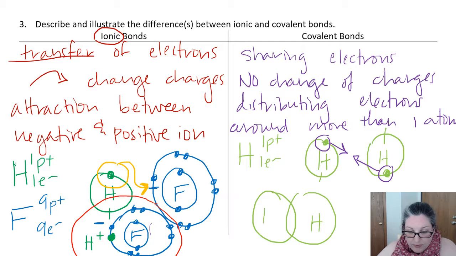And I like how your book represents it like this, where it shows them overlapping, to where if I just delete this hydrogen here, if we just have this hydrogen on the right, those electrons count towards both. And if we just have the hydrogen on the left, those electrons count for that as well.